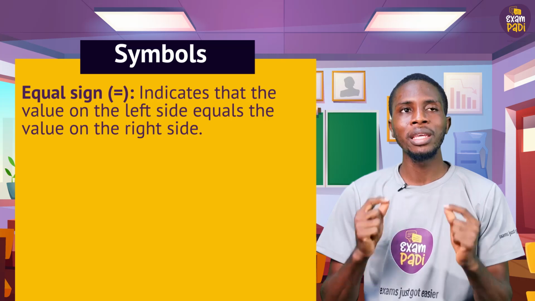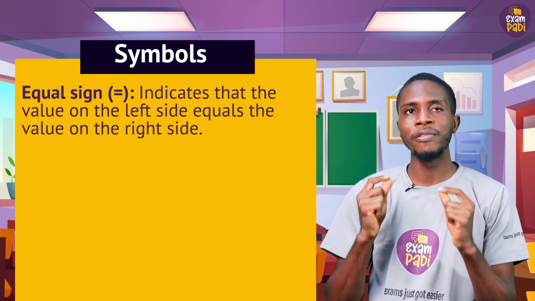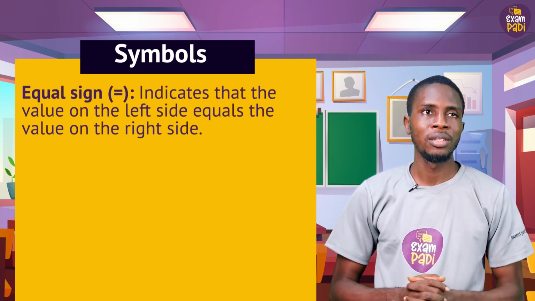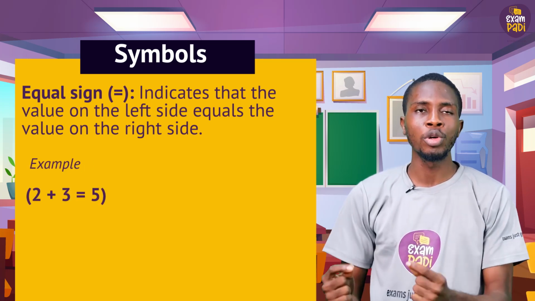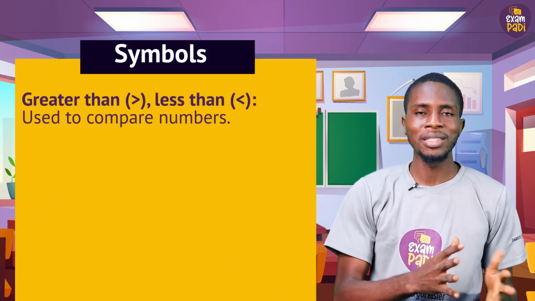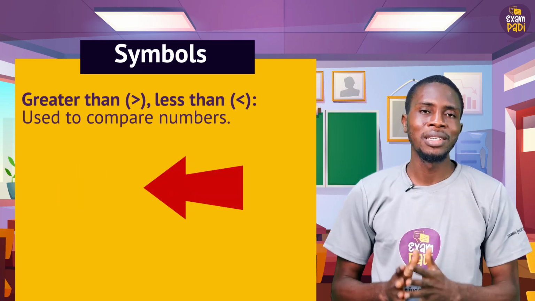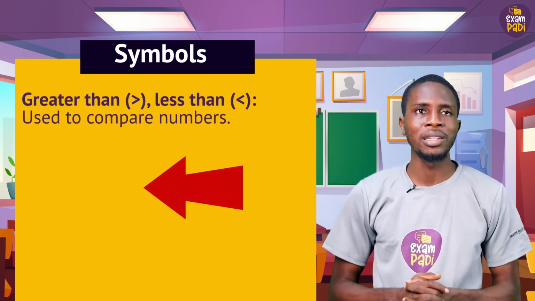Equal sign indicates that the value on the left side equals the value on the right side. For example, 2 plus 3 equals 5. Greater than, that is the arrow facing the right hand side, and less than, the arrow facing the left hand side, are used to compare numbers.